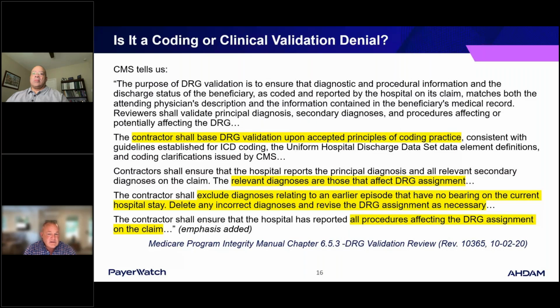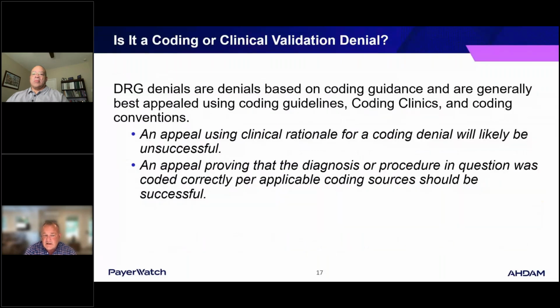DRG denials are denials based on coding guidelines and are generally best appealed using coding guidelines, coding rules, and Coding Clinics. An appeal using a clinical rationale for a coding denial is unlikely to be successful. An appeal that proves that the diagnosis or procedure being questioned was correctly coded and followed applicable coding guidelines should be successful. We are not getting into coding disputes today.